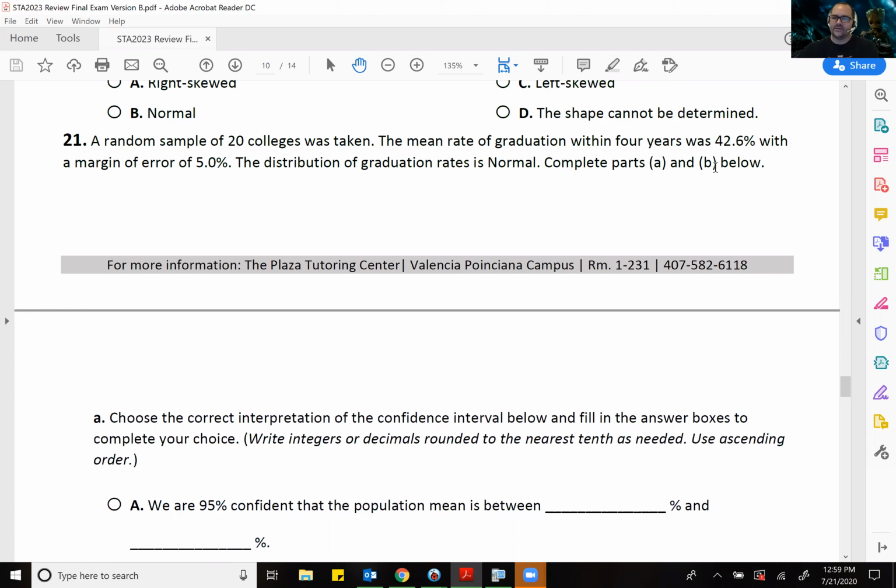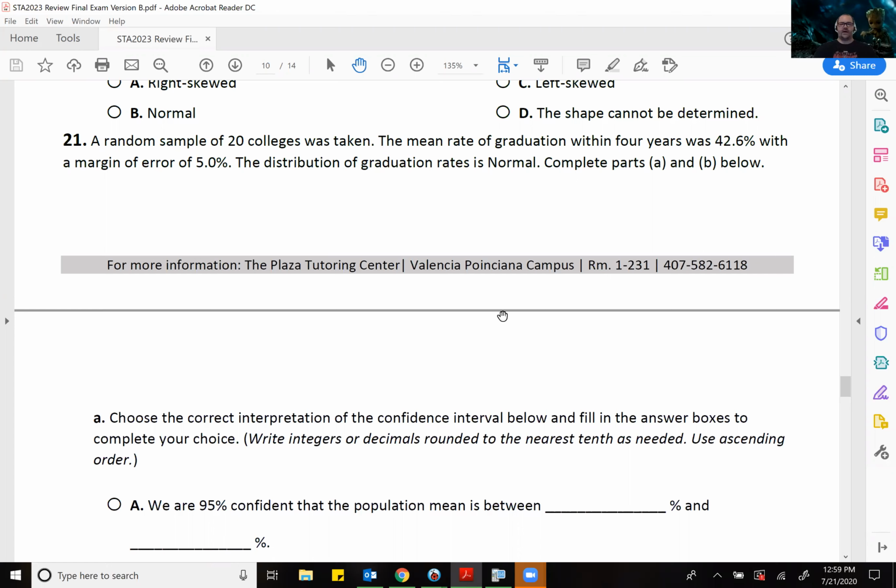We know the graduation rate, or the mean, is 42.6%. Okay, and we know that the margin of error is equal to 5.0%.